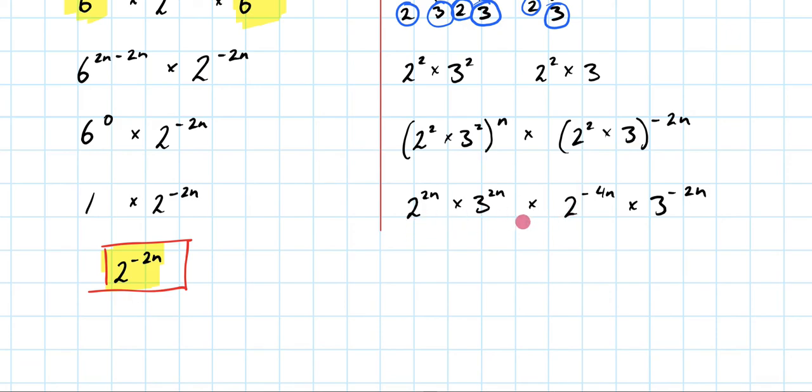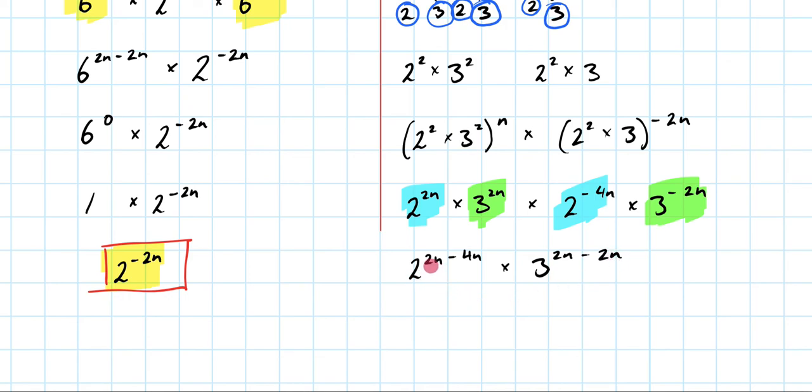Then from here, I can say, all right, I have common bases here, 2 and 2. So that means I can rewrite this as 2 to the 2n minus 4n. And then here and here I have similar bases. So let me actually highlight these similar bases so you can see this and this have similar bases, and this have similar bases. So I'm adding their indices together. So times 3 to the 2n minus 2n.